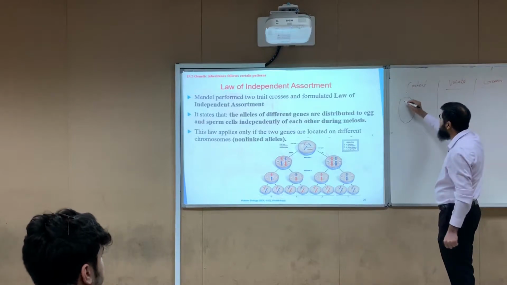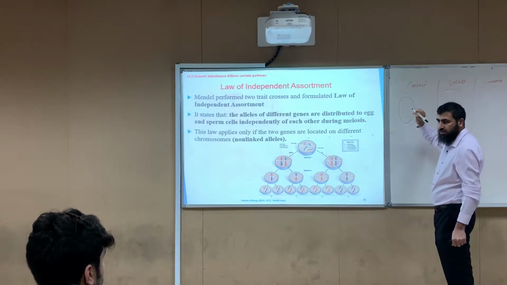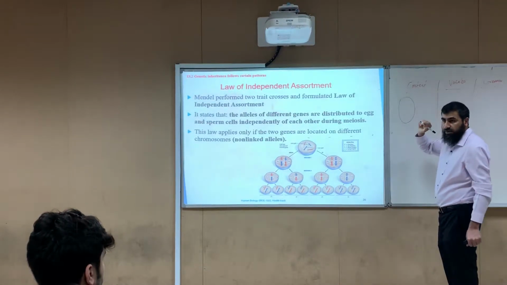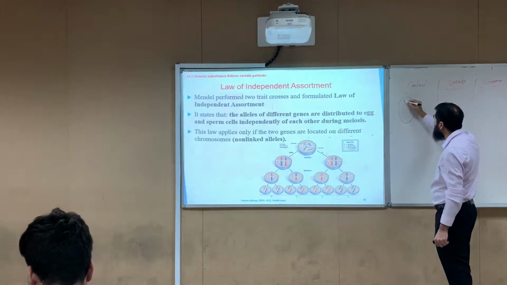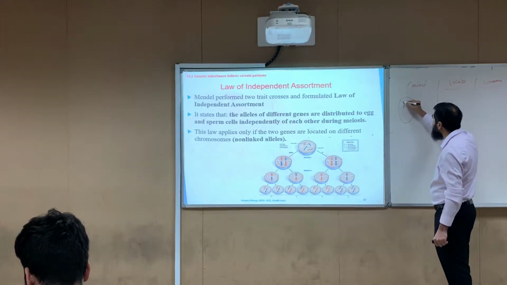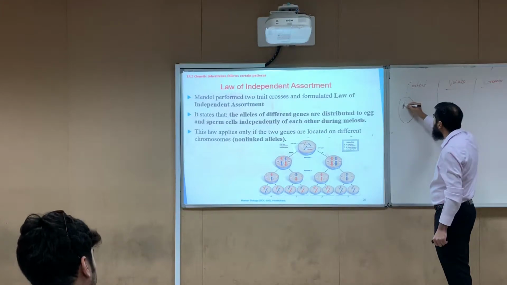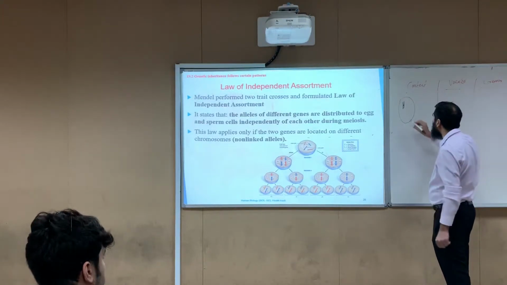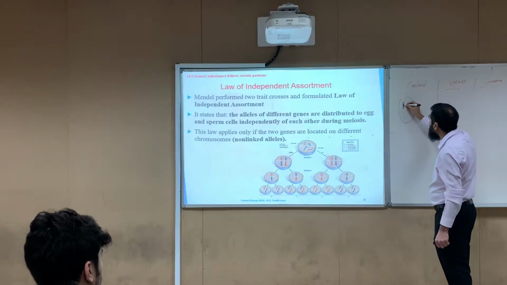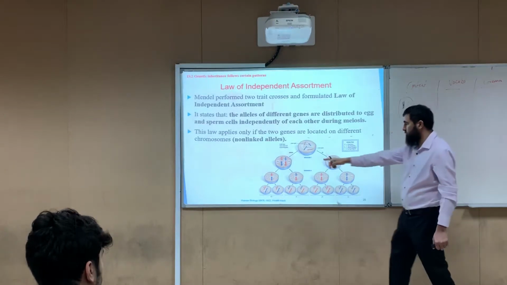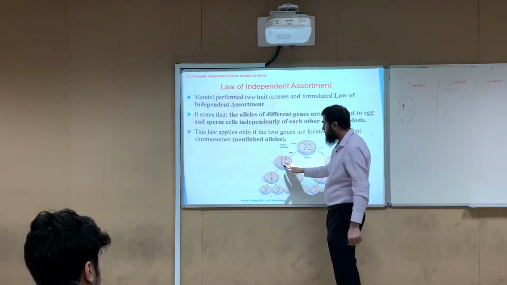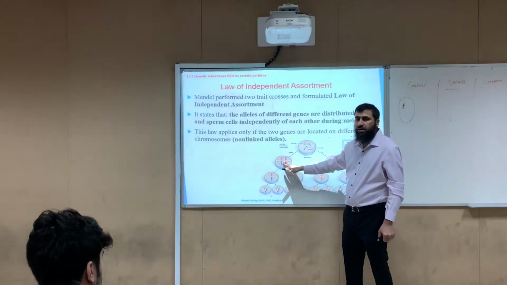So during meiosis 1, independent assortment happens. You have the duplicated chromosome here. Have a look at this combination.